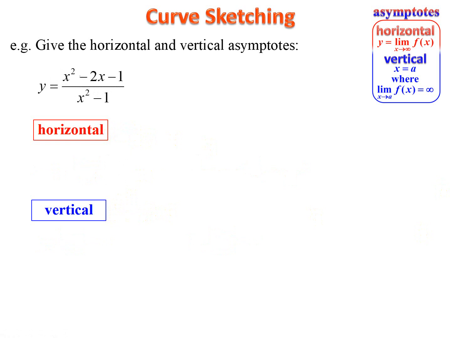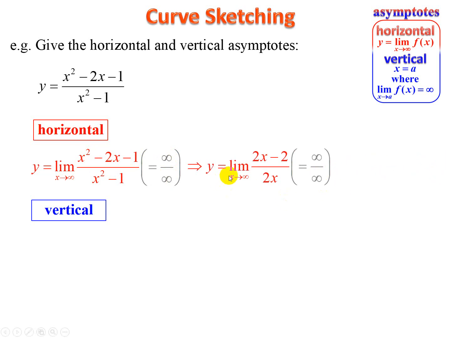This one here. All right, we're going to do the same thing. Horizontal, limit as x tends to infinity. If I substitute infinity in for x, I'm going to get infinity top and bottom. That's infinity over infinity, so I could say it's equal to the limit as x tends to infinity of derivative over derivative, because it's indeterminate.